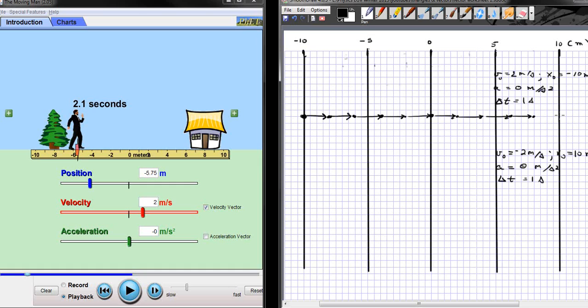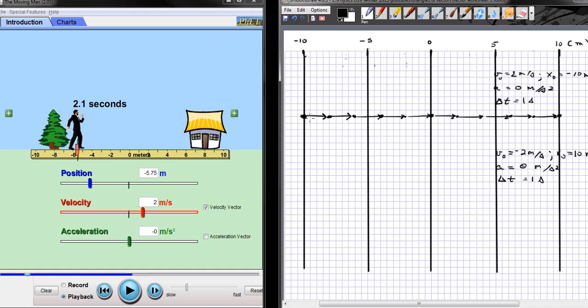And then finally he's going to reach +10. And he does that in 10 seconds. Because each one of these is a delta t of 1.